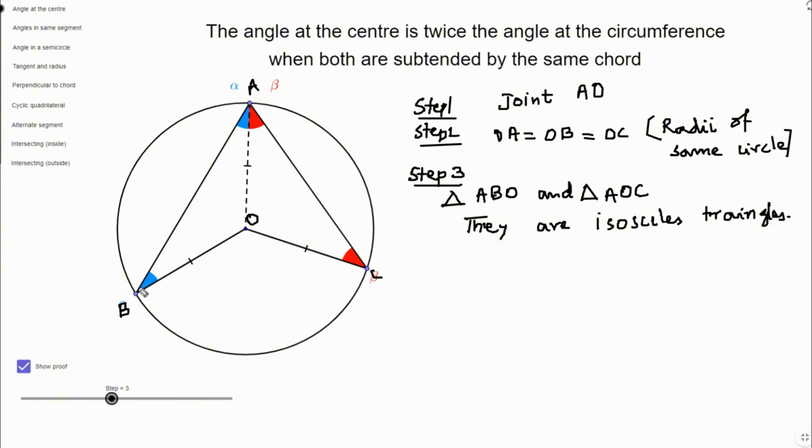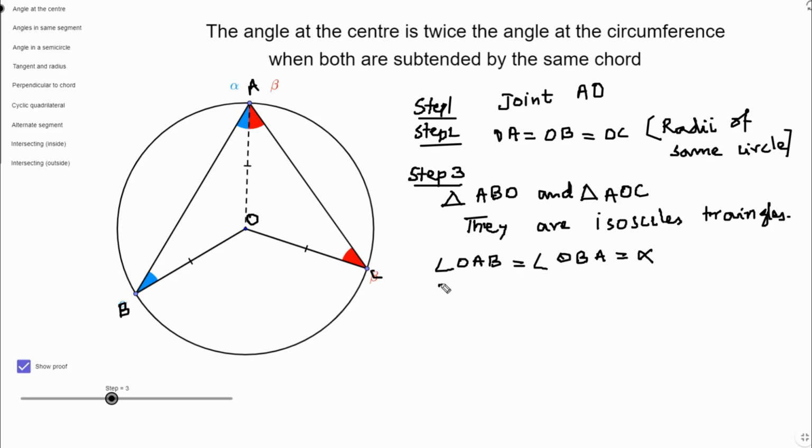That is why they are given. The blue color is representing that these 2 angles are equal. So we can write it out: angle OAB is equal to angle OBA equals alpha. The reason is the base angles of isosceles triangles are equal. Now we will consider triangle AOC.